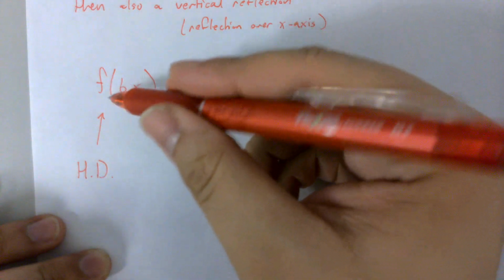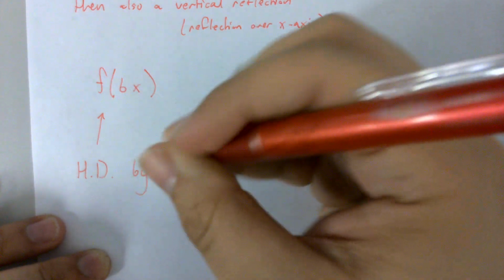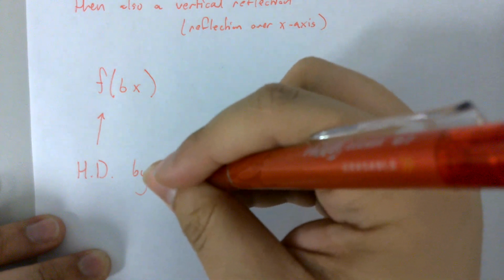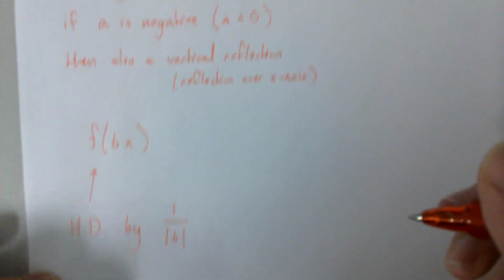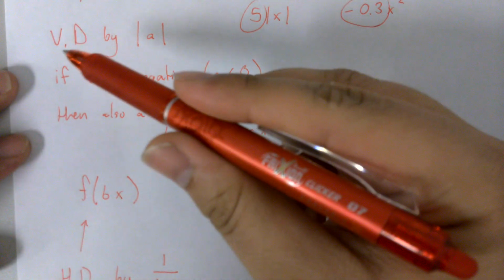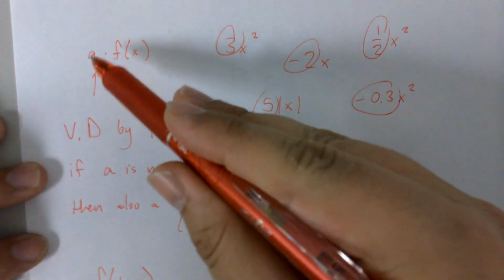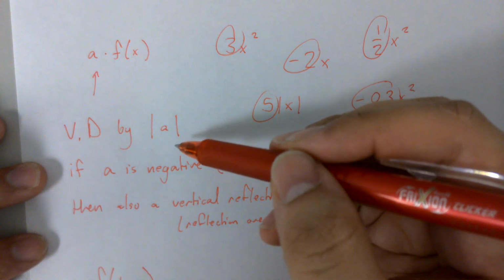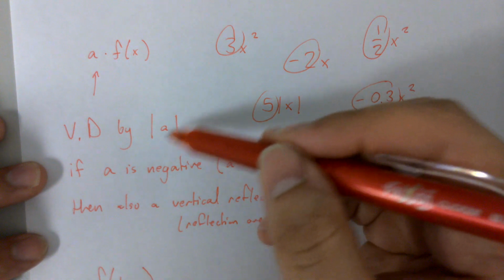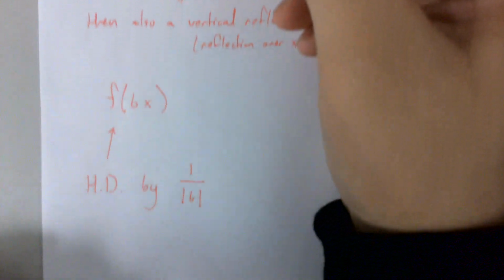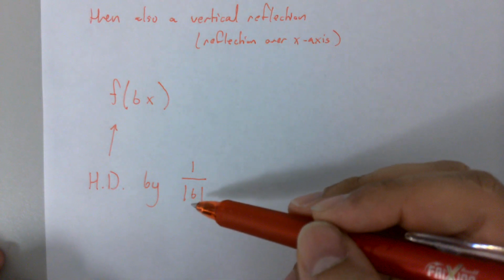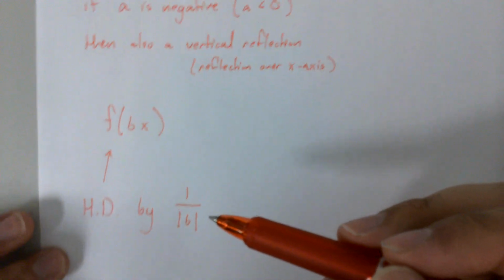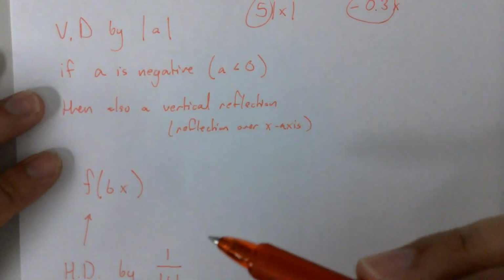However, we're going to say that this is a horizontal dilation by 1 over the absolute value of b. So compare these. Vertical dilations, we can read off whatever this number is and put absolute value bars around it, and it's just vertical dilation by whatever that number is. For horizontal dilations, we have to do by 1 over b. So that's a very key difference there.